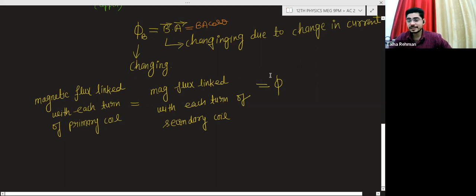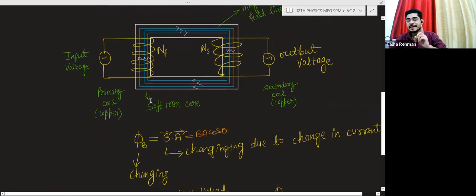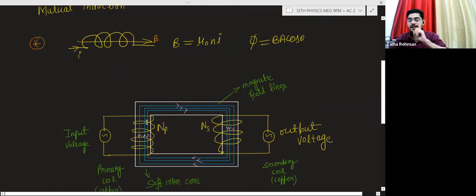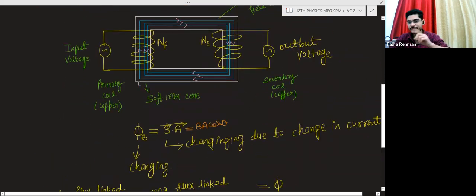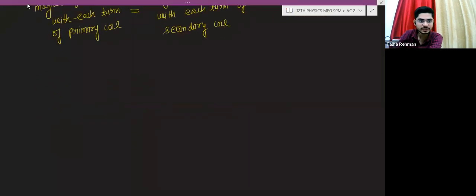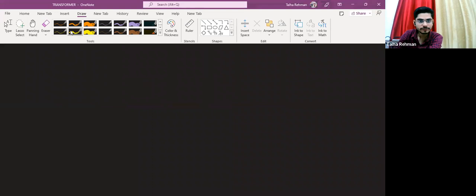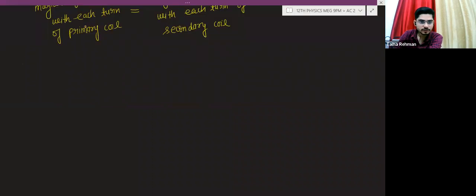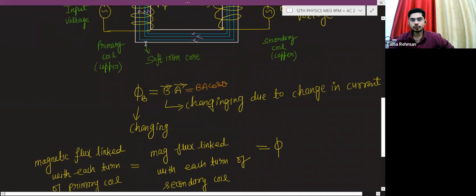Okay. So basically, this is the magnetic flux linked with each turn of the coil. Means for one turn of the coil, not for all turns of the coil. So for the primary coil, how many turns?